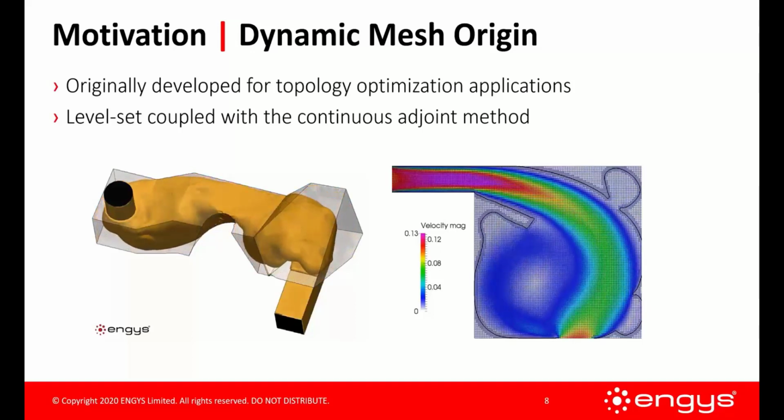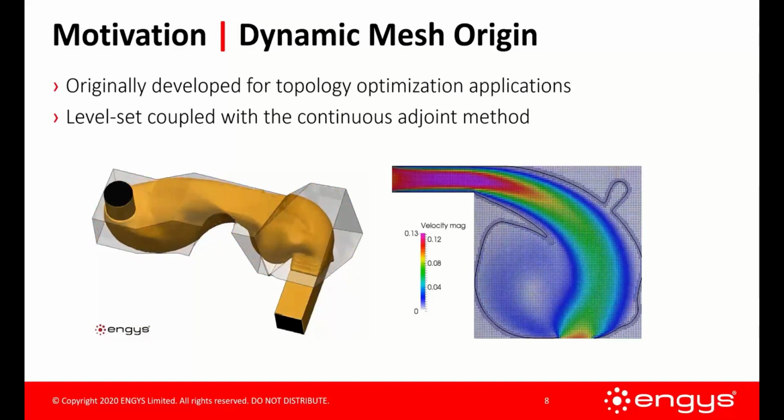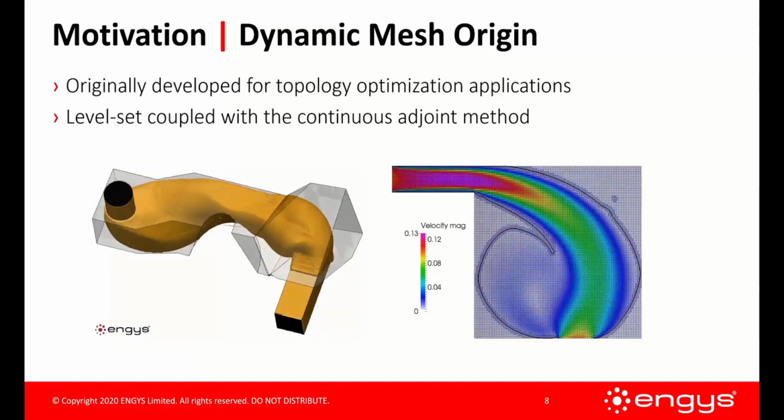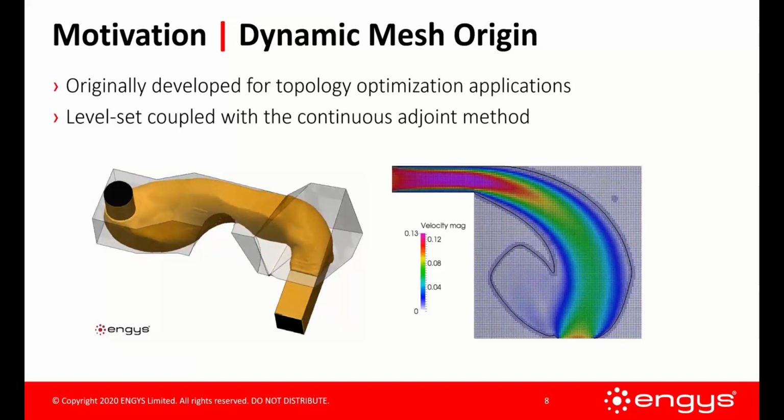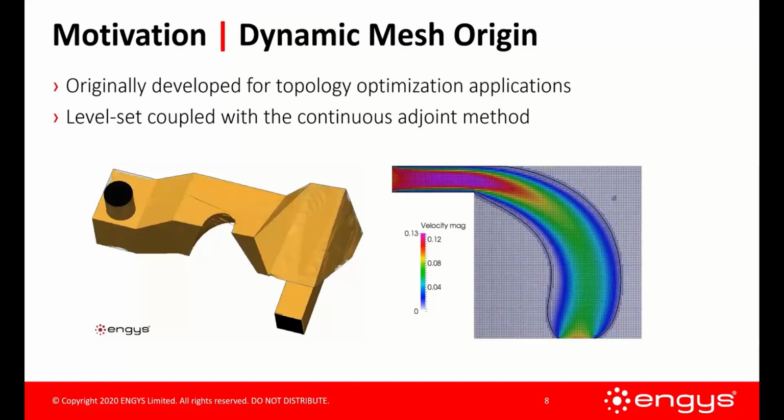The origin of Generalized Internal Boundaries, GIB, really came out of a need to better approximate the optimal surfaces that we calculate inside of continuous adjoint. If you're not familiar with continuous adjoint, I did a previous webinar on topology optimization that you can find on our blog.